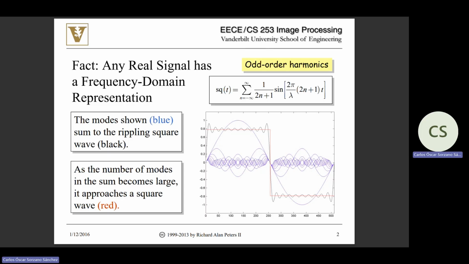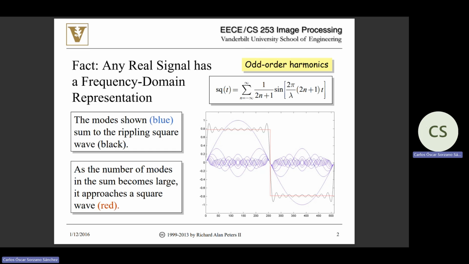So for instance, for this square signal, this is the Fourier series, not the Fourier transform. The Fourier series is when this square signal is repeated periodically.